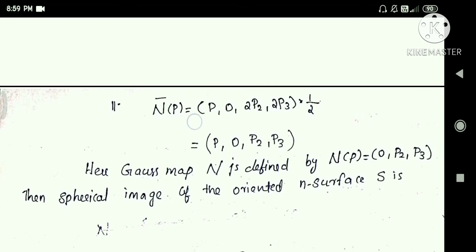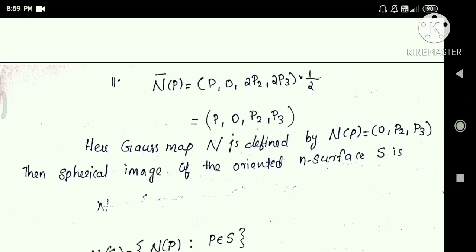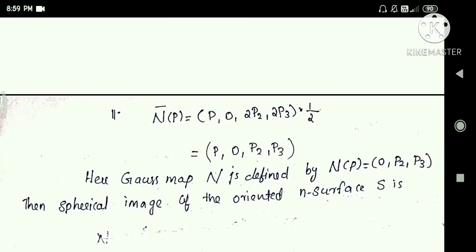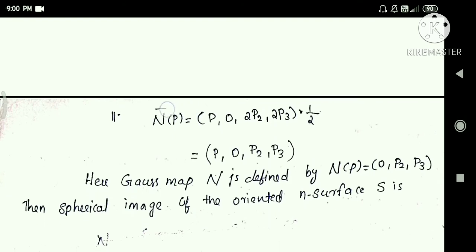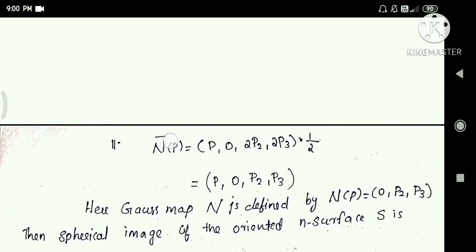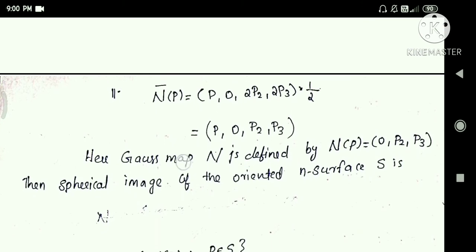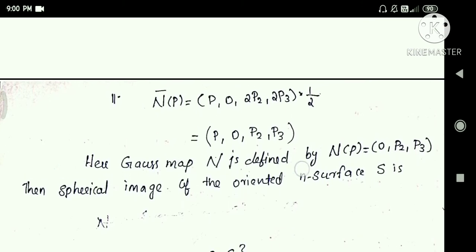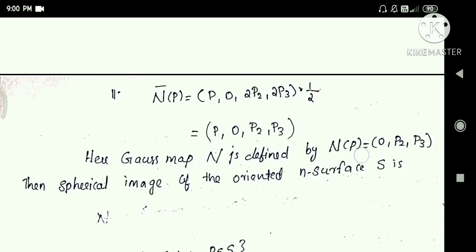That is N(p) = (0, p2, p3), and here (0, p2, p3) is the associated function corresponding to this smooth unit normal vector field. So the Gauss map N is defined by N(p) = (0, p2, p3).